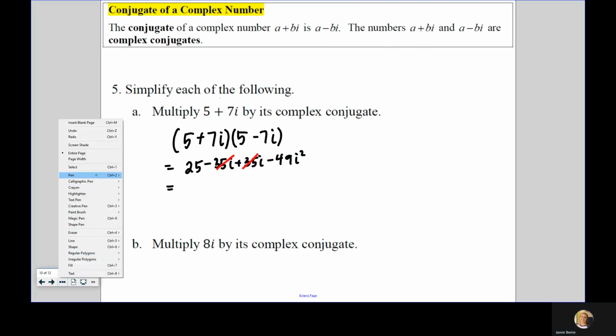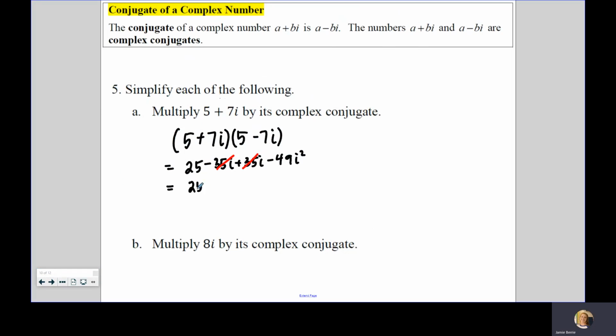That just leaves us with 25 minus 49i squared. We know that i squared is negative 1, so that's going to be negative 49 times negative 1. So that becomes 25 plus 49. 25 plus 49 is 74.